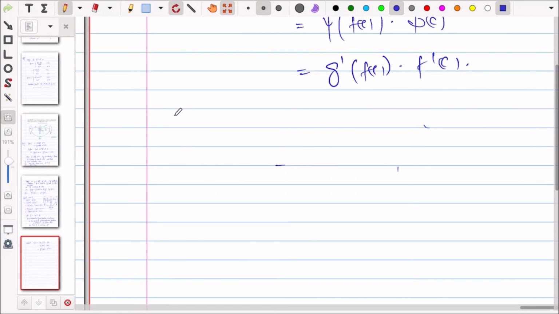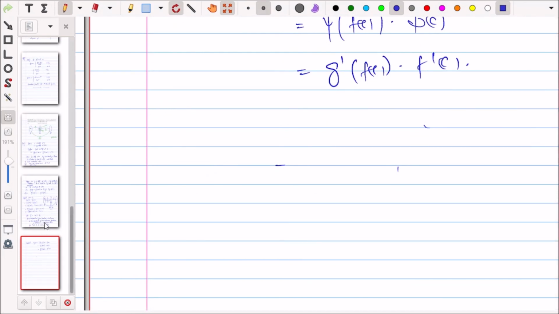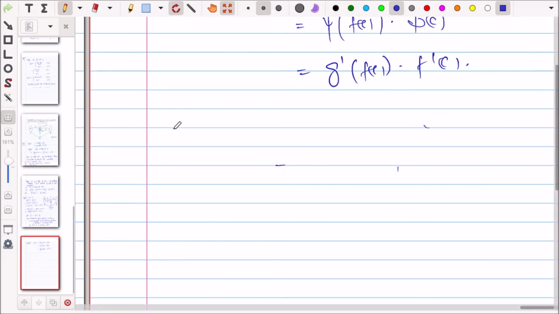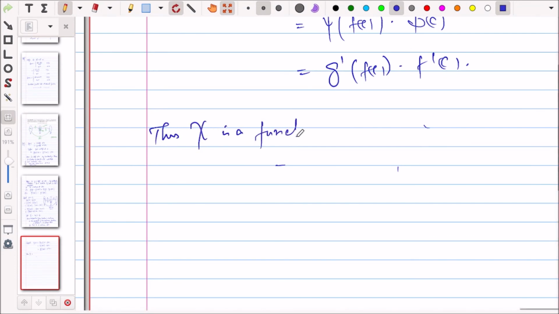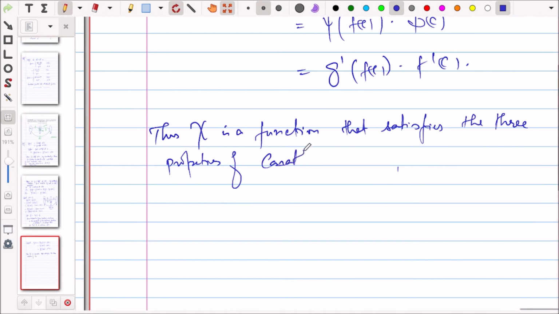So chi is a function that satisfies the three properties of the Carathéodory theorem, right? Yes, sir.